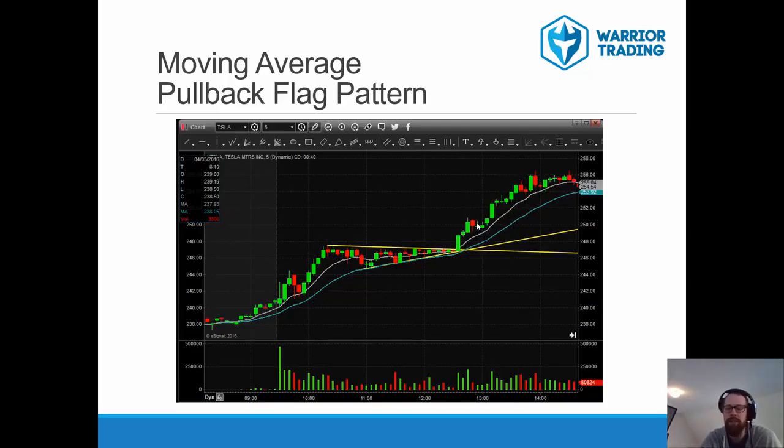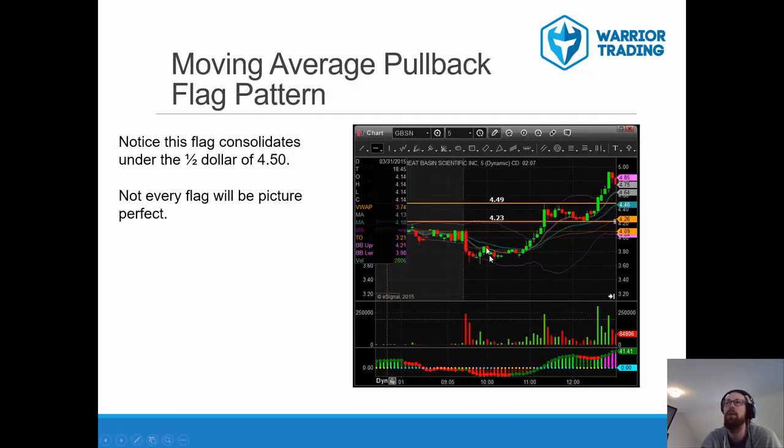Now, to answer your question, sometimes I do find myself on a stock like this holding through the pullback. I try to avoid this as much as possible. So that means if I get in somewhere like right here for the first 5-minute candle to make a new high and it pops up to here, when it comes back down to here, I really don't want to be holding it.